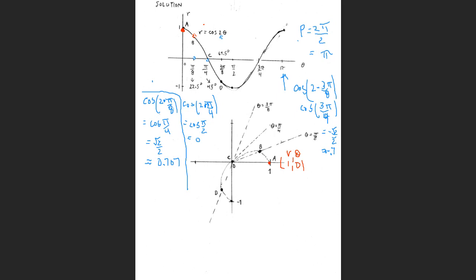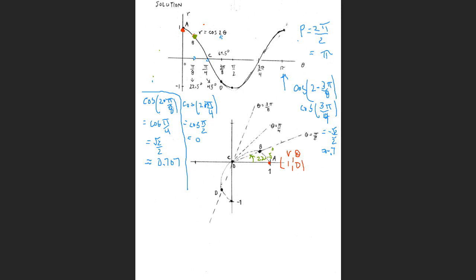For B here, the second point, maybe I'll put that in green. That's when theta equals pi over 8. Okay, so pi over 8 is about 22.5 degrees. So if we look at this angle here, this angle is roughly 22.5 degrees.